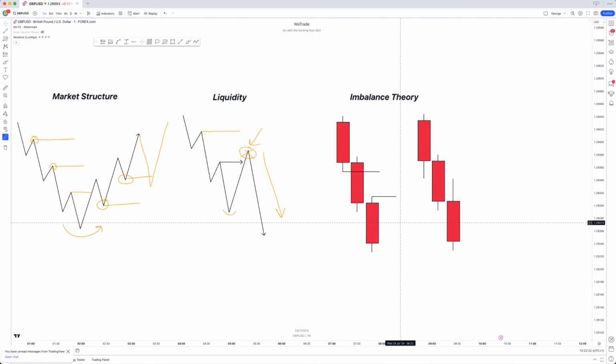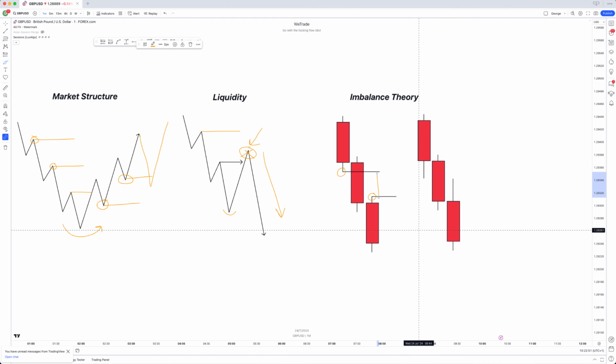And an imbalance is when the wick or the tail of the first candle and the wick and the tail of the third candle do not touch, right? We can see that between this point here and this point here, there is a gap, okay? This is an imbalance. Now, firstly, what this shows us is that there has been a significant amount of volume coming into the market at that point, which means that the market has not been able to rebalance itself.